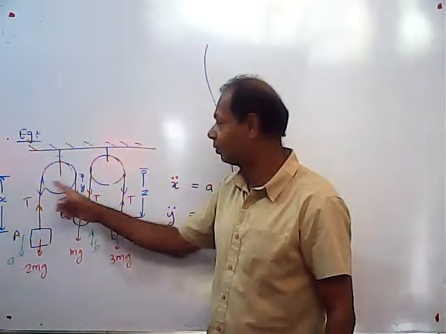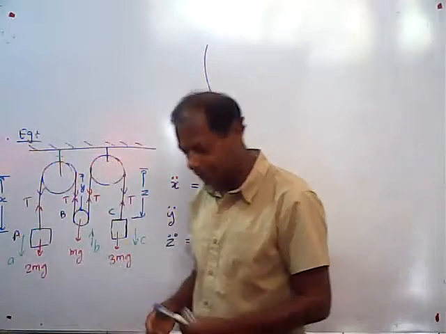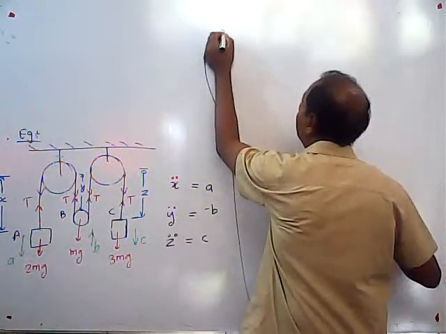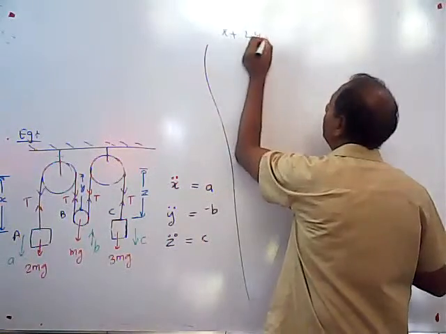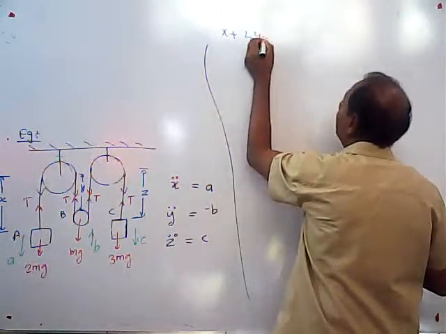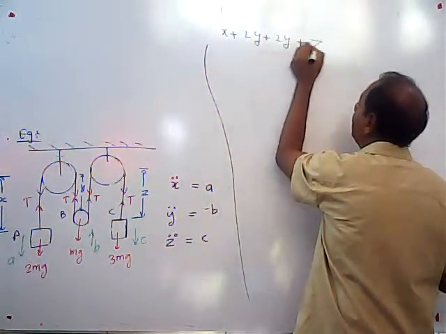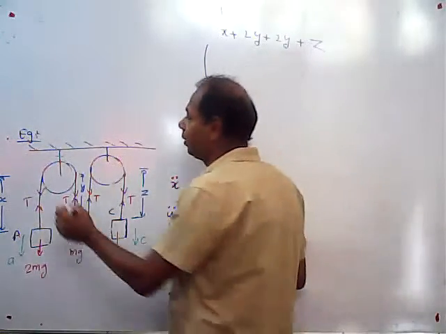It has to be x plus 2y plus z, and there might be another part.